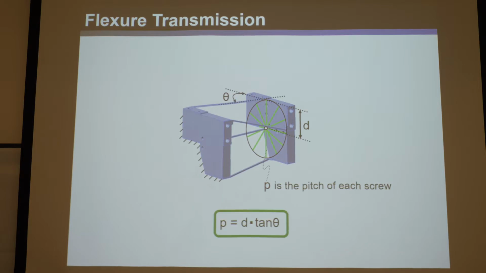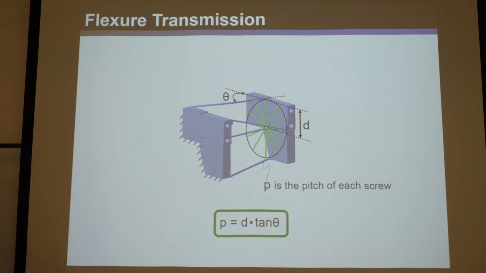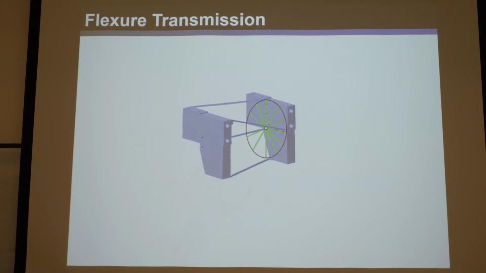Well, what you can do is, first of all, make sure you set these angles and distances so that it equals the pitch that you want, which is the transmission ratio 50 microns per degree. Make sure you convert to radians, though, because that's going to throw you off. Okay, but make sure you tune all this correctly. Okay, and now what you do is, instead of grounding this, let's allow this to just translate in like a disk.